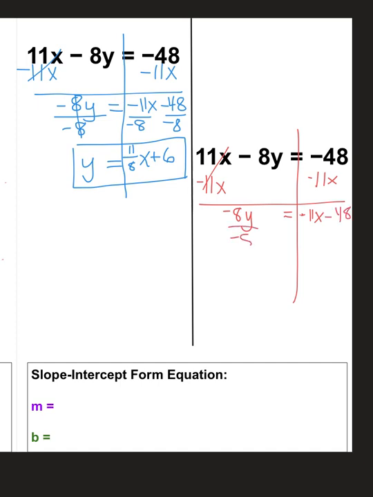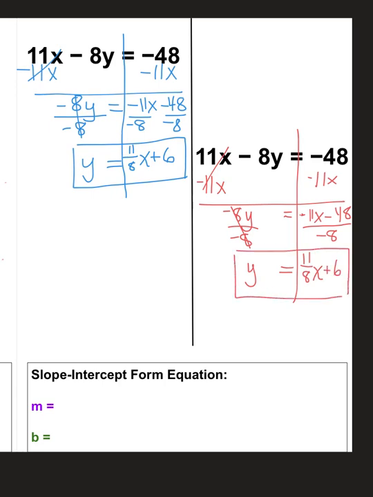Divide by -8 on both sides. Here, remember, I can put just the division underneath the whole right part there. I just need to remember to individually divide both by -8. So negative 11 divided by -8 would give me the 11 over 8. Put the x back on, and then the negative 48 divided by -8 would give me the positive 6.